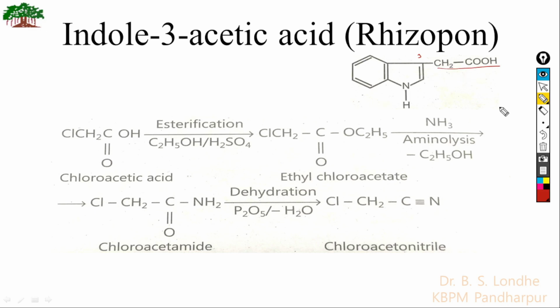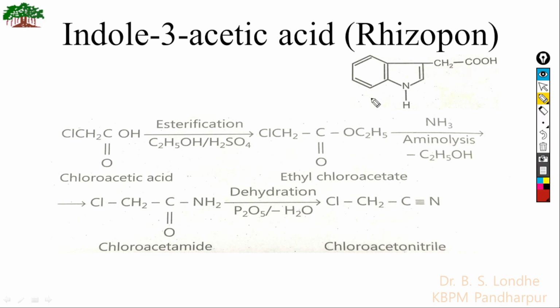We can say one of the hydrogen of methyl in acetic acid is replaced by this indole group, or alternatively we may consider that at third position of indole there is the replacement of one hydrogen by CH2COOH group.